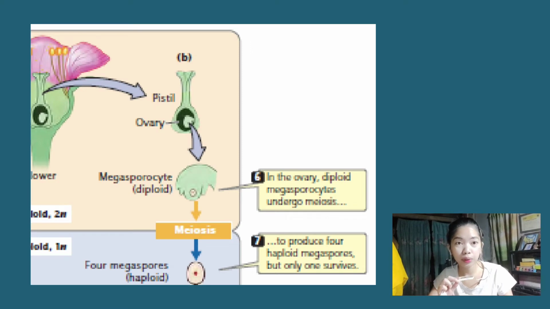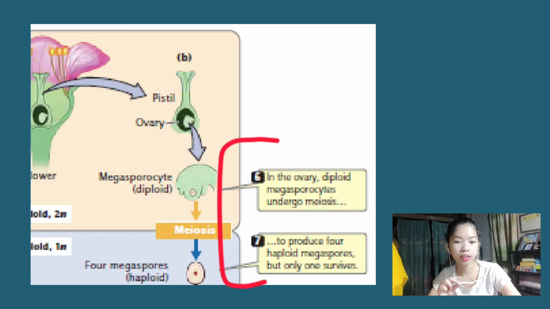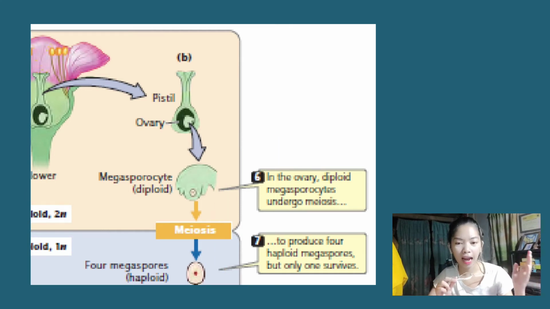Now, let's take a look at what happens inside the female organ of a flowering plant, the pistil. In the ovary, diploid megasporophytes undergo meiosis to produce 4 haploid megaspores, but only one survives. How does this happen?